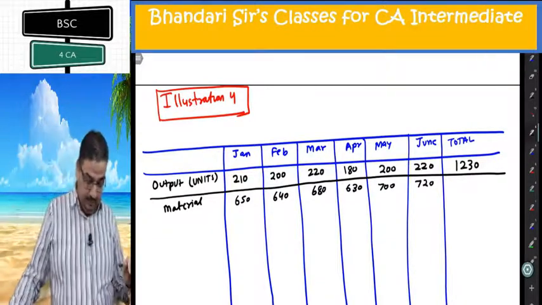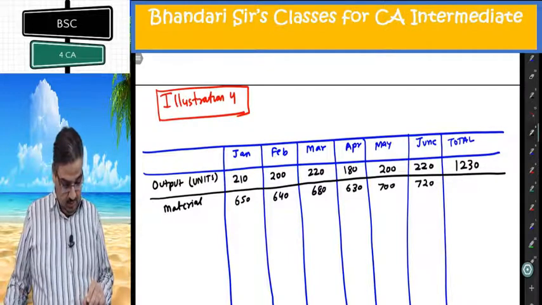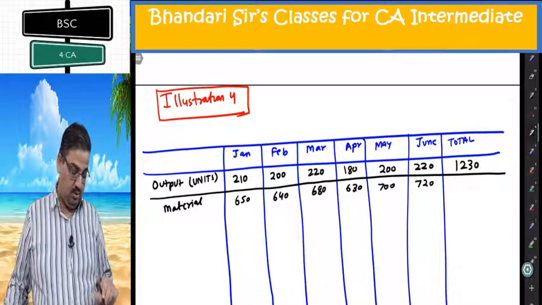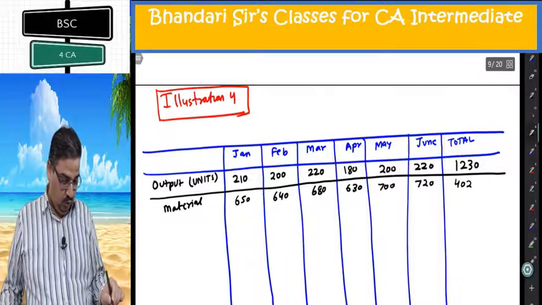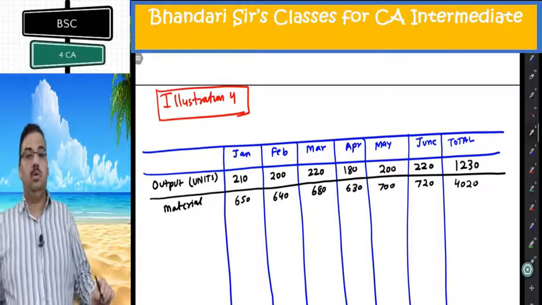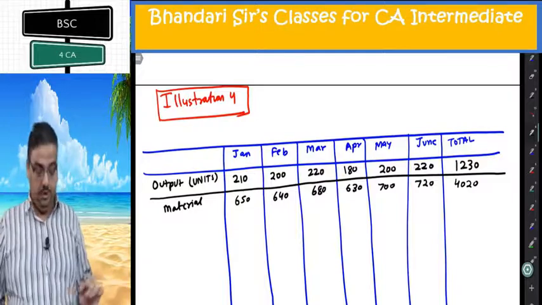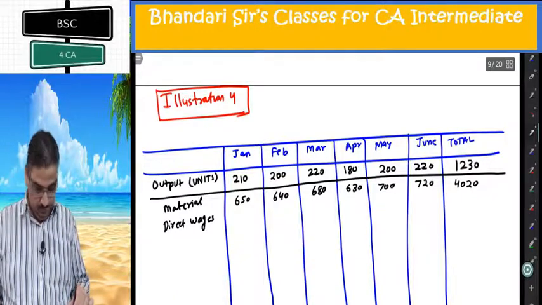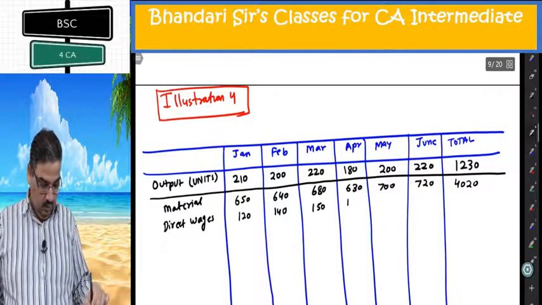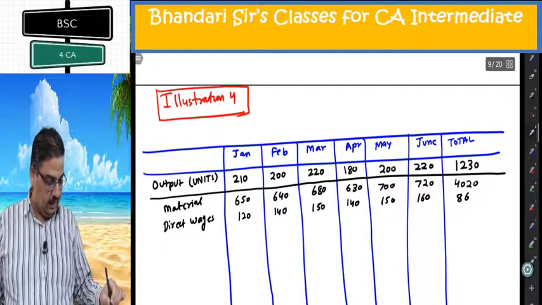You need to add them. 670, 200, 300, 400, 400, 4020. Yes, 4020 is total material cost. Similarly, direct wages. $120, $140, $150, $140, $150, $160. The aggregate is $860.